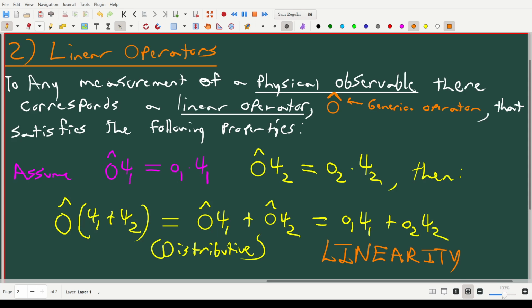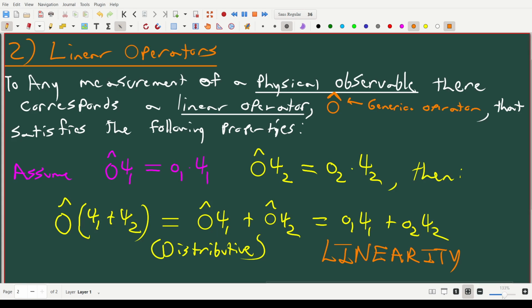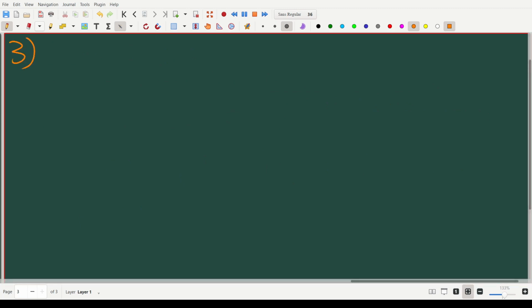I'm more interested in the ones that don't change, where the operator leaves them unchanged. And these turn out to be the things that we actually measure in our experiment. Our system is represented by the states that don't change with regard to our measurement. Right? These are the actual physical states of the system. Okay, so what I'm going to write, our third postulate, has many different names.